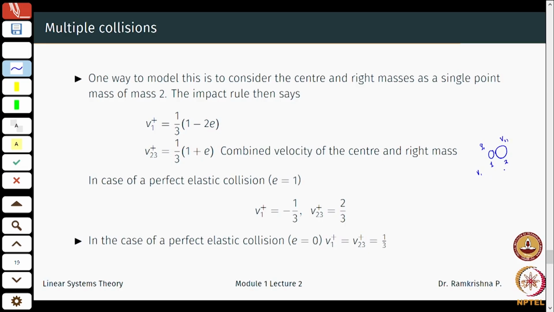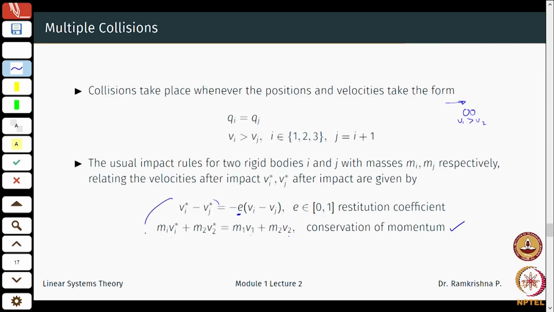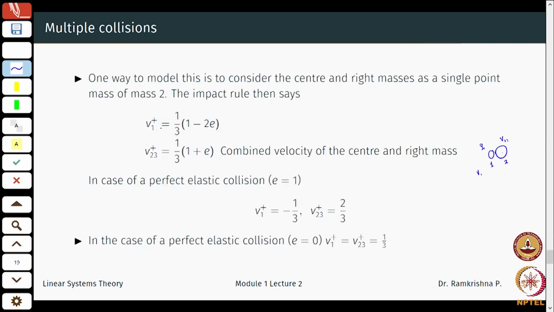So I am just looking at the collision of two bodies, a mass 1 and a mass 2, with initial velocity V1. You can use the impact rule to derive that V1 plus, just after collision, and V23 plus will take this form.